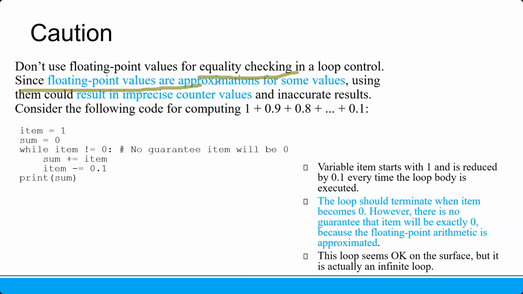Since floating point values are approximations for some values, it is not exactly that number. Using them could result in imprecise counter values, and it can give you inaccurate results.